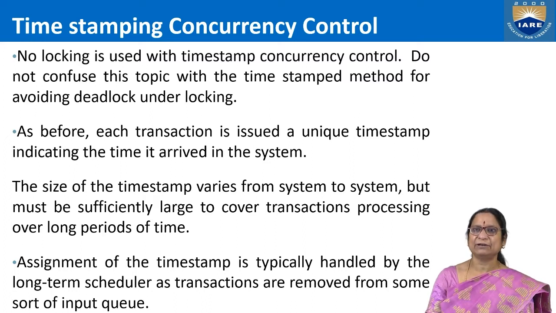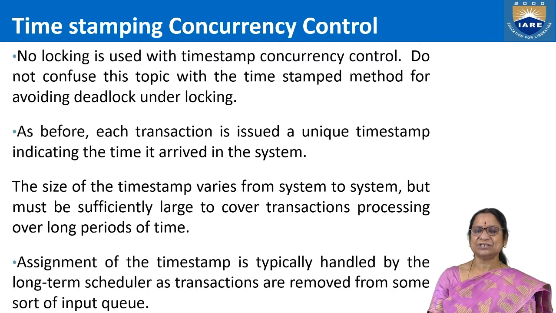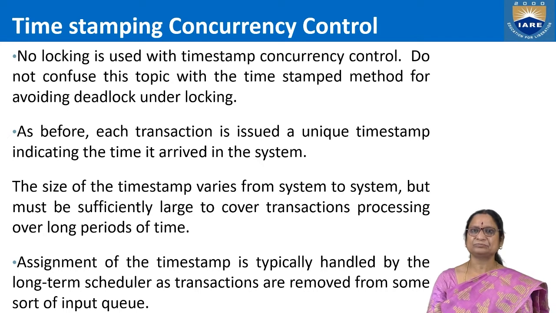Very frequently it cannot be refreshed for a long period of time. In real-time applications specifically, you can say 24 by 7 also, right? So in such cases, the timestamp must be properly allocated. Every system should have a sufficiently large timestamp allocation process.